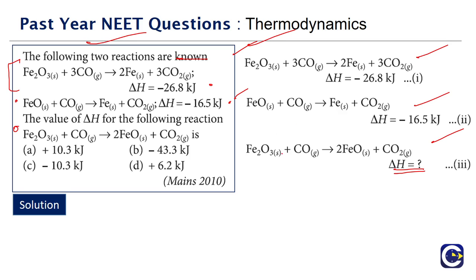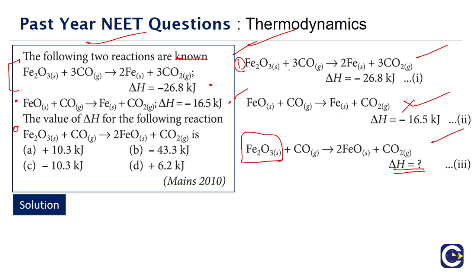In the overall equation, Fe2O3 is coming as 1 mole on the reactant side. In equation 2, Fe2O3 is not at all coming. It is coming only in equation 1, the same 1 mole on the reactant side.